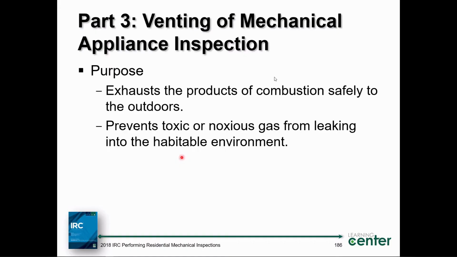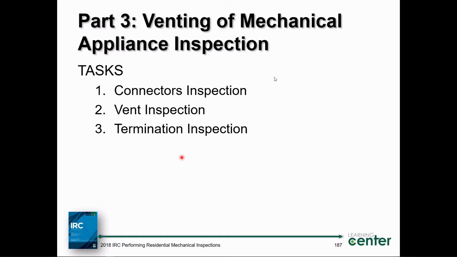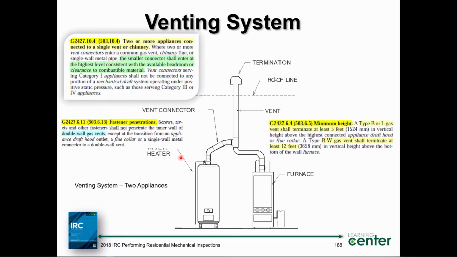Venting of mechanical appliances. Last part here. I want you to look at this. I'm in section 503. Okay, so we jumped into chapter 24. Chapter 24 for gas appliances.